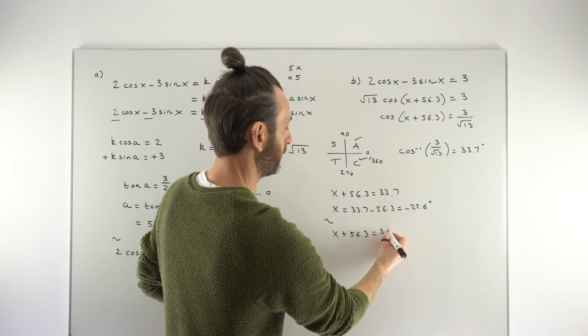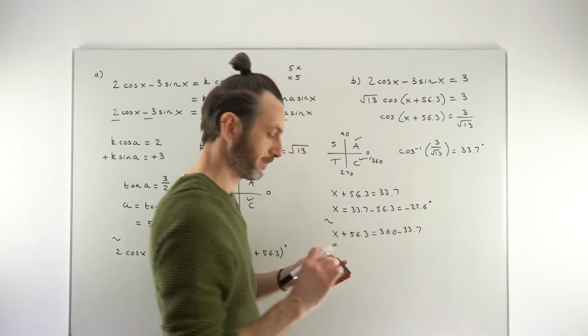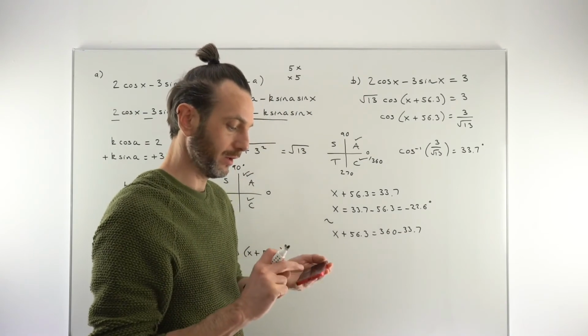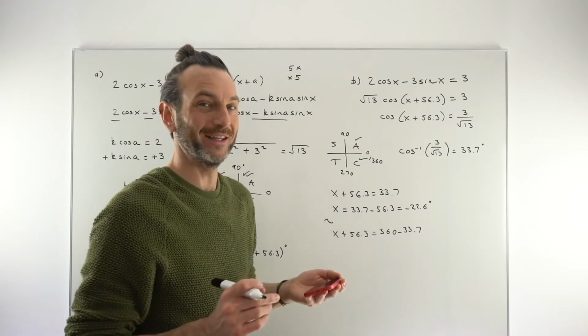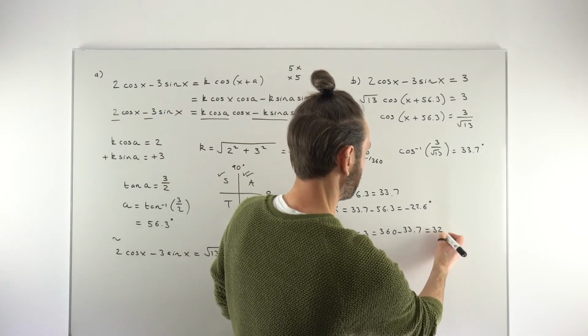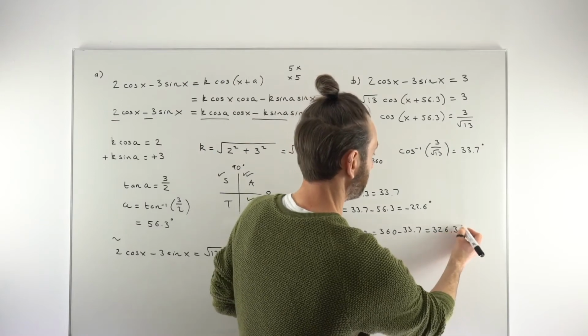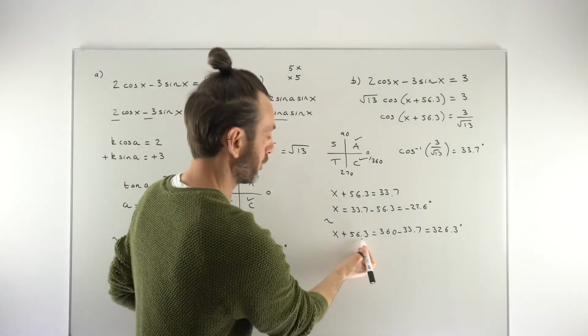So this is going to be 360 minus 33.7. So we'll just go ahead and compute that. 360 minus 33.7. Probably didn't really need the calculator for that one. But anyway, fair enough. So that's 326.3 degrees. So again, that's not our final answer because we still need to adjust here.